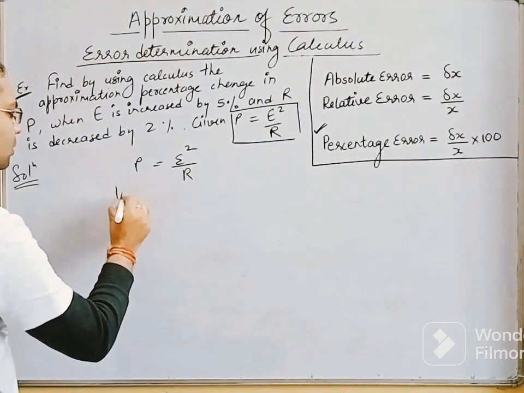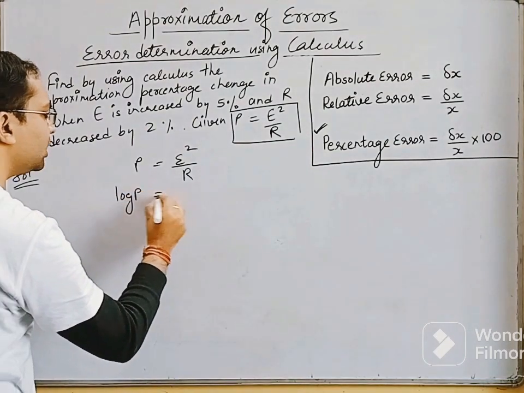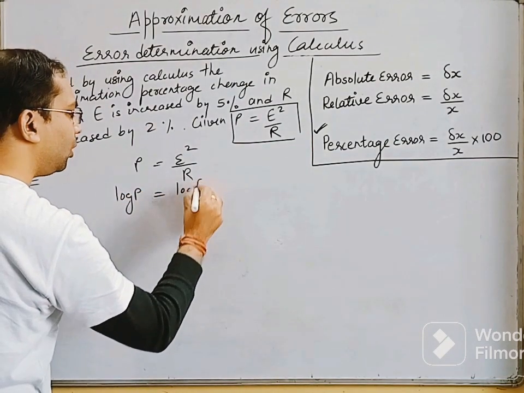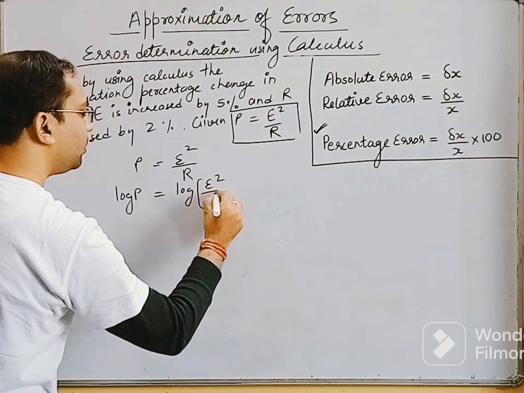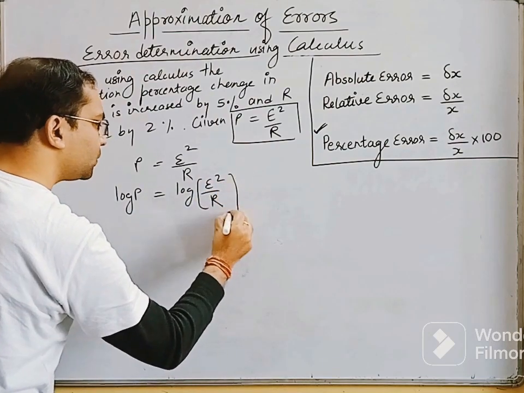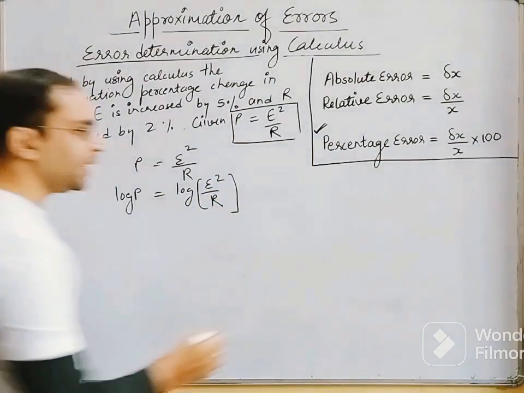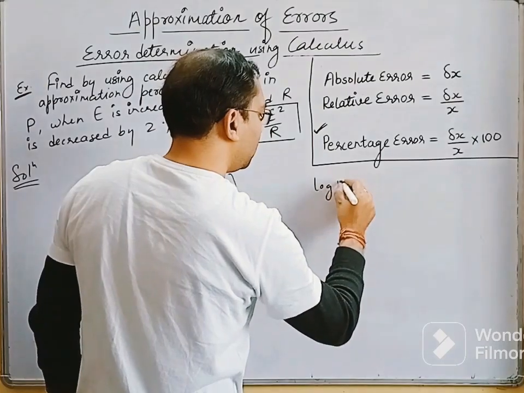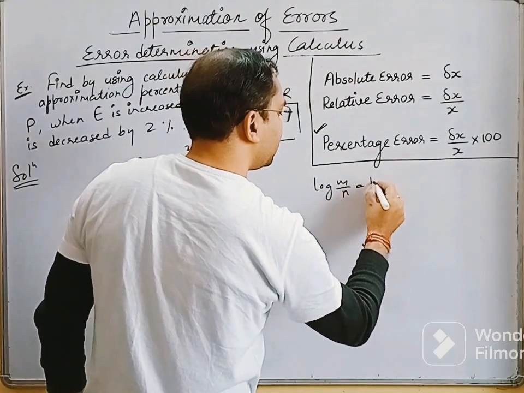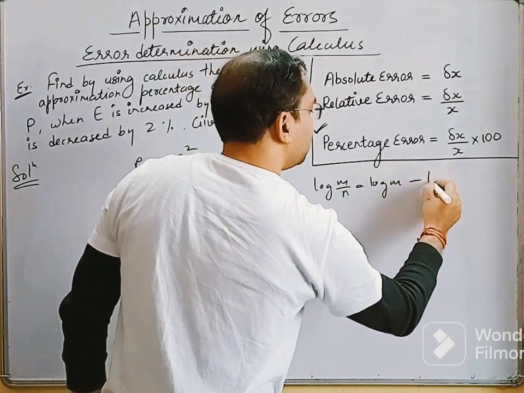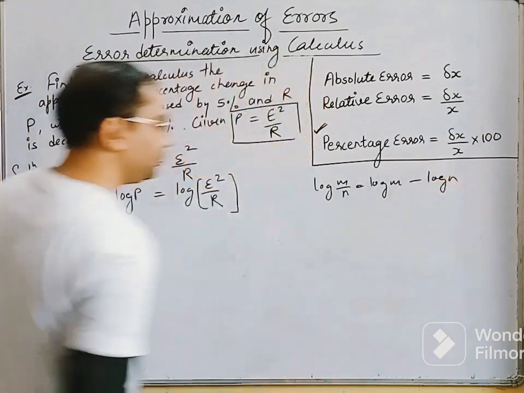So once we take log, this is log of P is equal to log of E square upon R. And now we will be using the formula of log of m by n. We all know that log of m by n is written as log of m minus log of n.